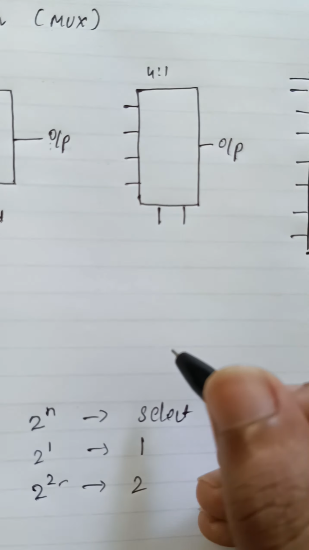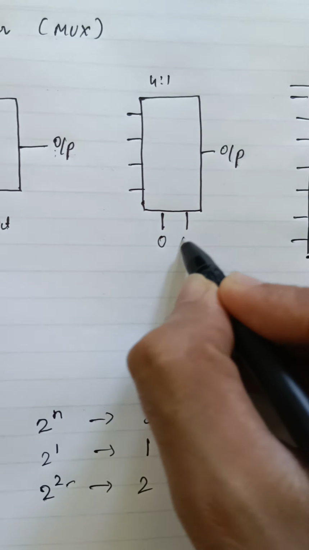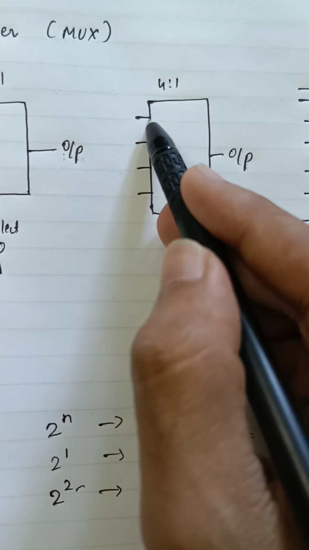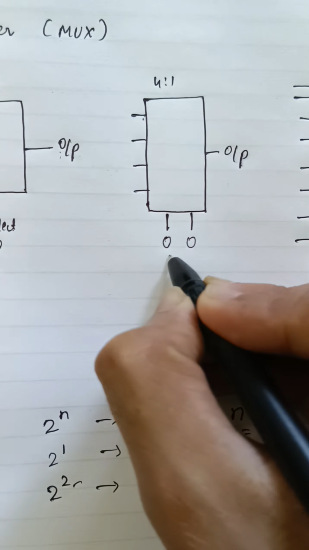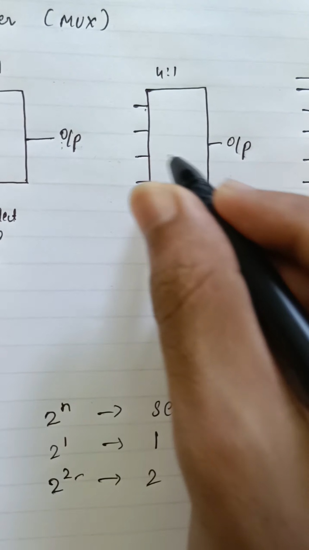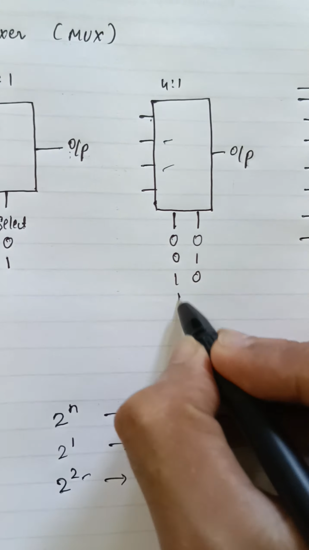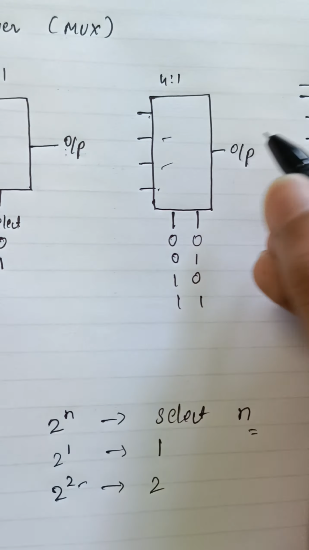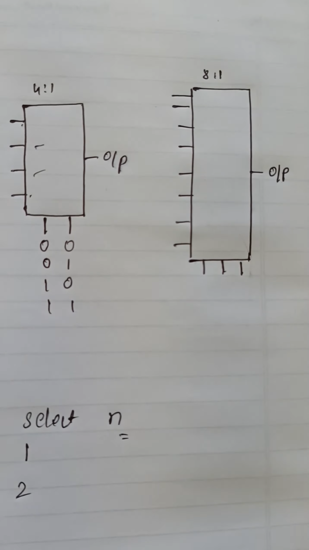In a 4:1 multiplexer, if the select is 0, 0, then it takes this input and gives the output. If the select is 0, 1, then this one. If 1, 0, then this one, and if 1, 1, then the last input is given as the output. This is how a multiplexer works. 8:1 also works the same way.